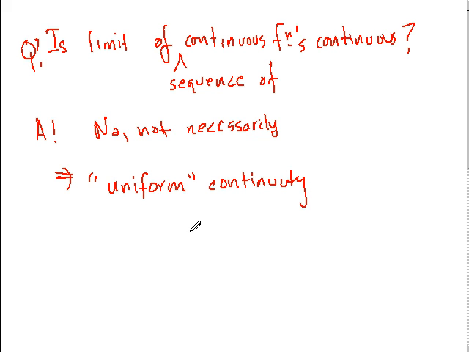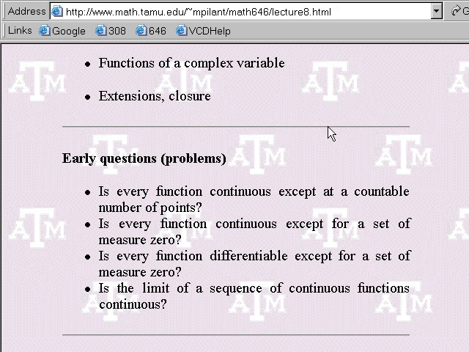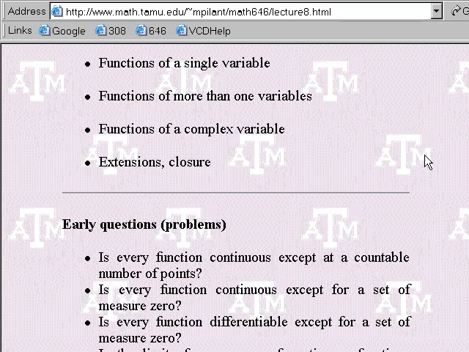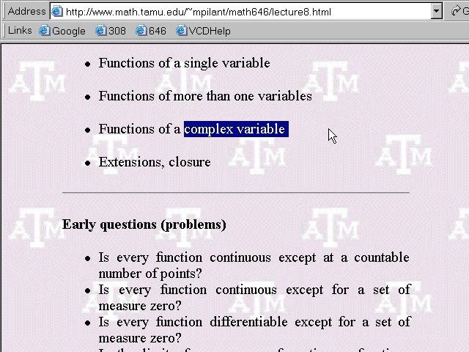So problems such as, is every function continuous, or is every function differentiable, or is the set of bad points countable, actually led to very deep results in differentiability of a function of complex variables, and led to the whole subject of analytic function theory.